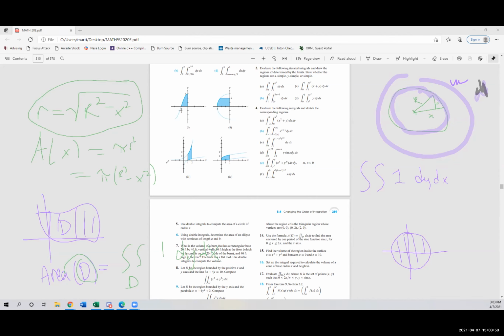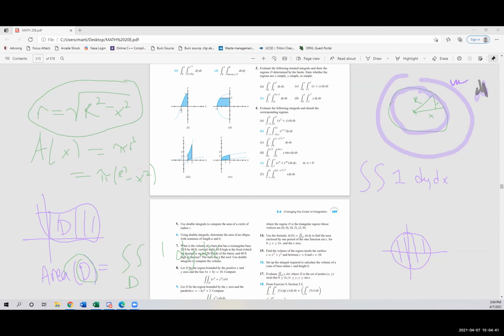What sort of two-dimensional regions did we learn how to integrate over? We had 4 different names for all the different types. There was X simple, and Y simple, and then there was also just simple and elementary. So you have to express it in that form in order to use a double integral.